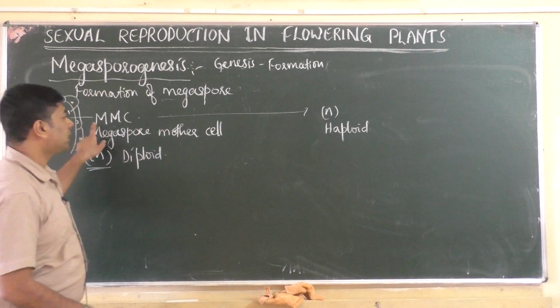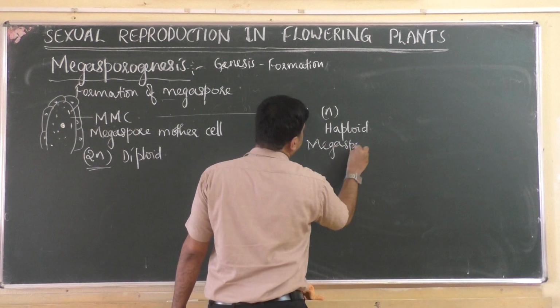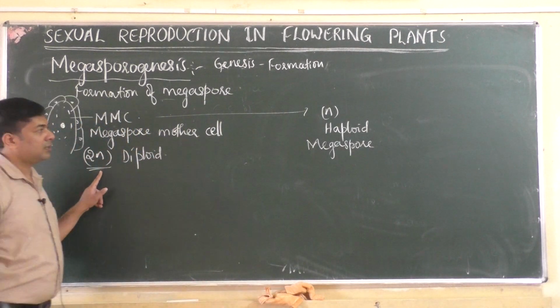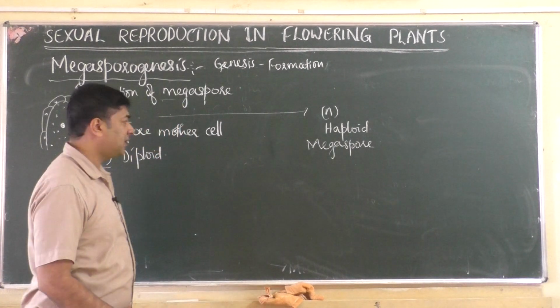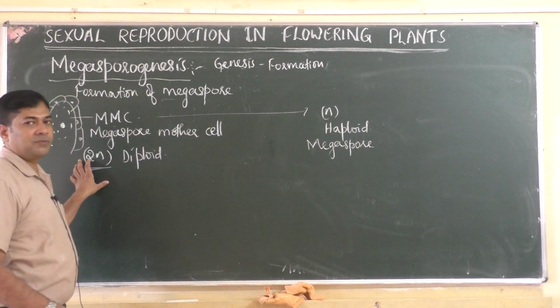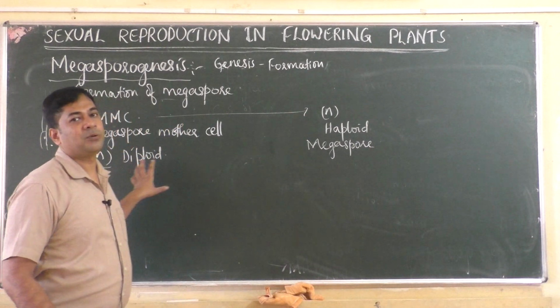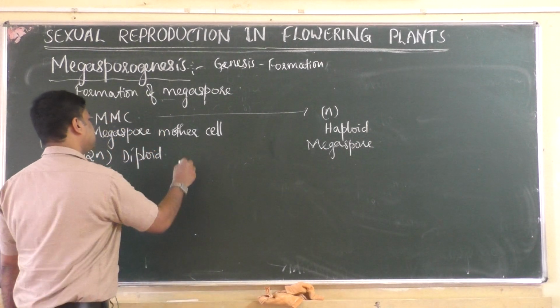The megaspore mother cell is diploid, 2n, and it produces a megaspore which is n. Which cell division reduces 2n chromosomes to n, where the diploid chromosome number reduces to half? That is meiosis.